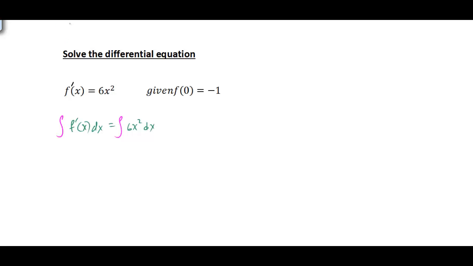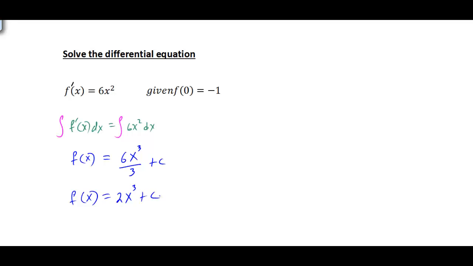And if we think of this, when we integrate f prime of x, well, certainly that's just going to be our function f of x. And the integral of 6x squared would become 6x cubed divided by 3 plus c. So we would have f of x equals 2x cubed plus c.